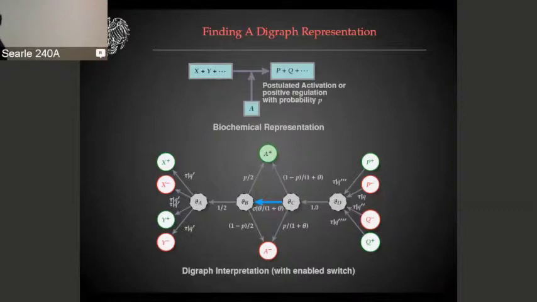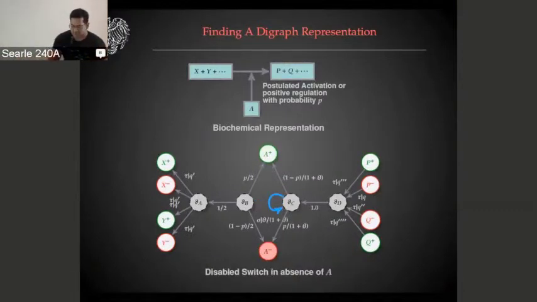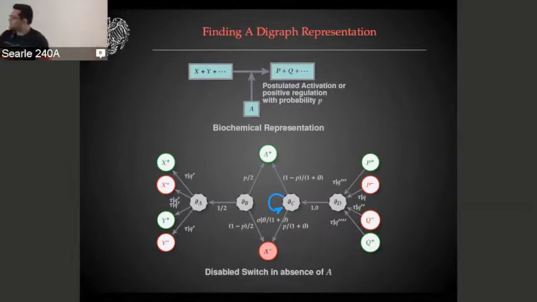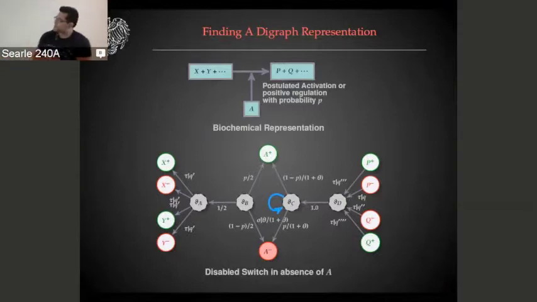But to capture the notion that when expression of A goes up, the reaction goes through, and if there's a positive regulation and it goes down, the reaction stops or proceeds much more slowly, you have to model a switch between more than one virtual node. I'll not go into too much detail on that. So why am I jumping through all these hoops? As I said, influence networks are much simpler, mainly because they're just digraphs, right?